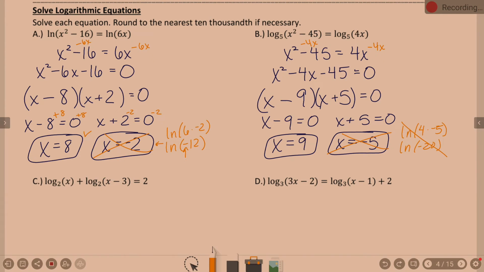No. Why can't I make it a log equal to a log here? Because there's a 2. Okay, so I can make it a log equal to 2 minus a log, but I can't make it a log equal to a log.